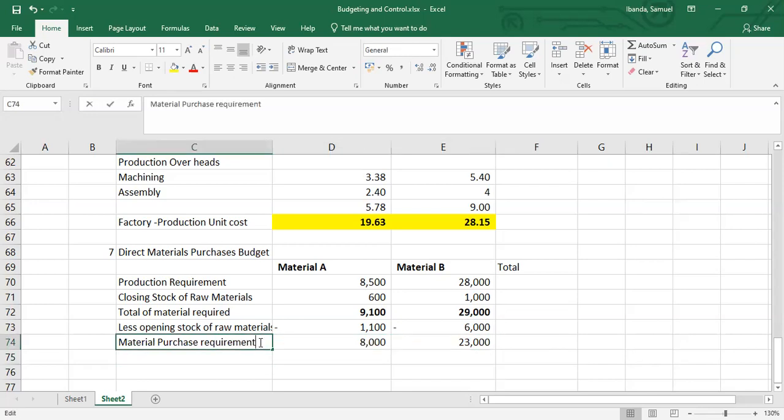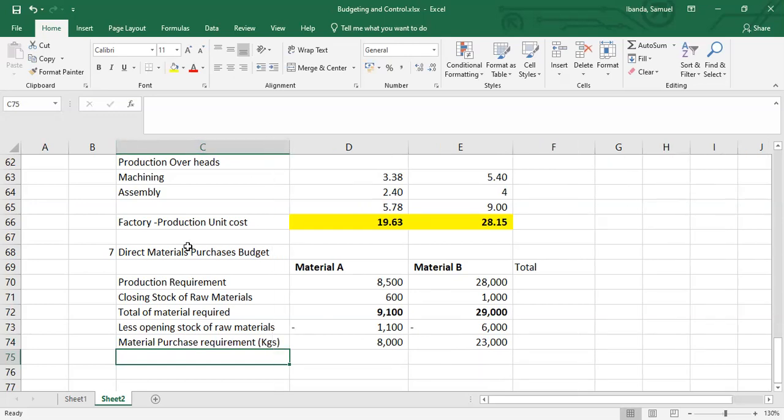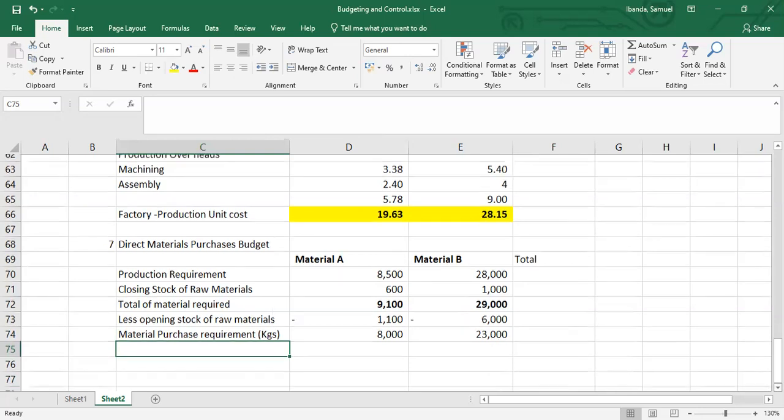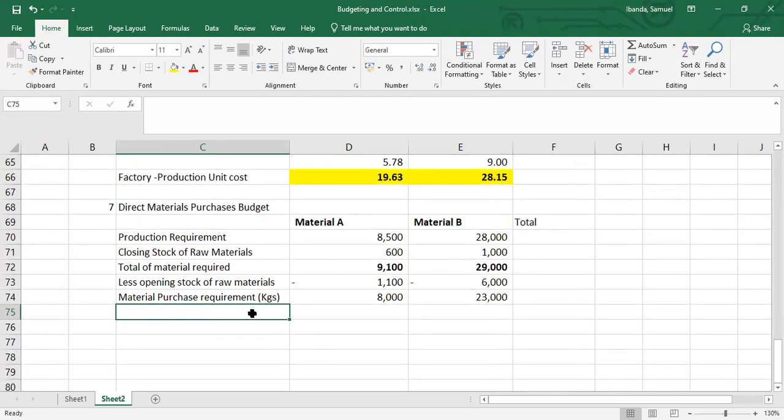In case I need to determine this in terms of value, remember this is a direct materials budget, which I need to translate in terms of value. I'll first include the cost per unit.